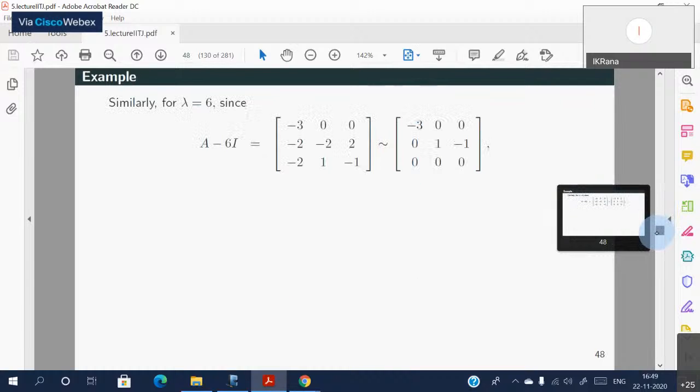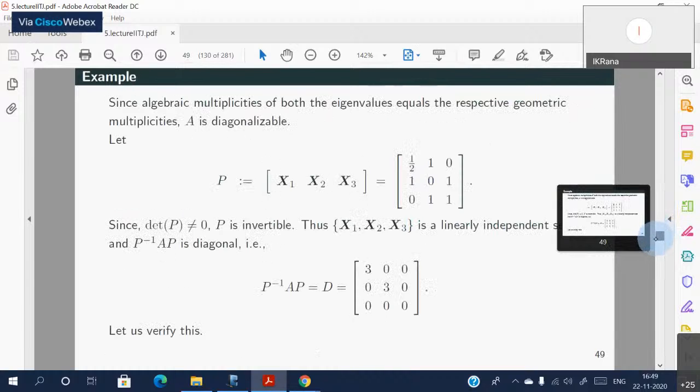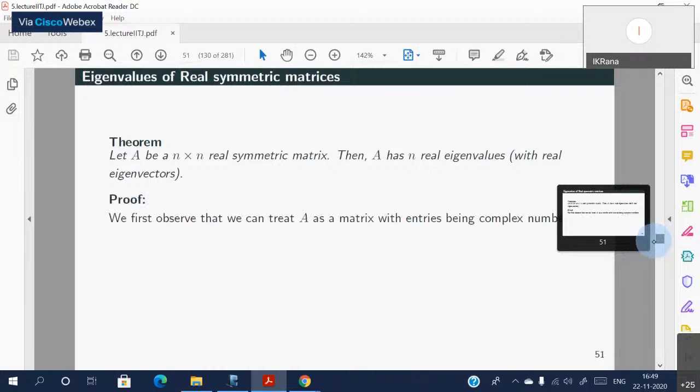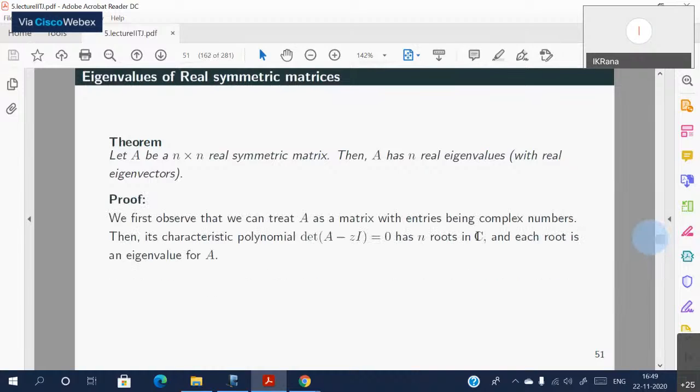Here is an example. Here is an important class of matrices for which this is possible. What we are saying is, if A is a real symmetric matrix, what is a real symmetric matrix? A is equal to A transpose.